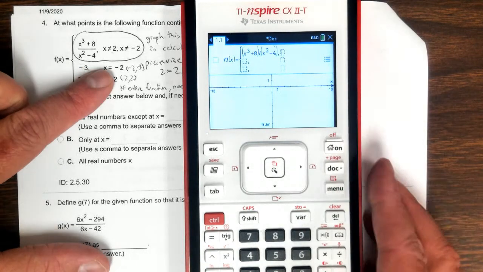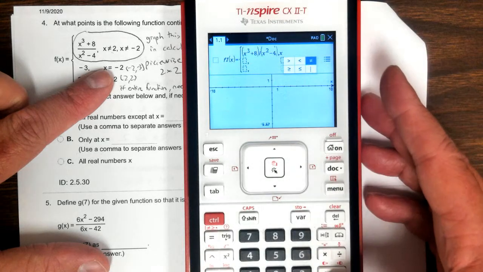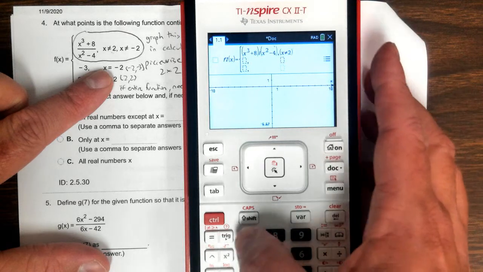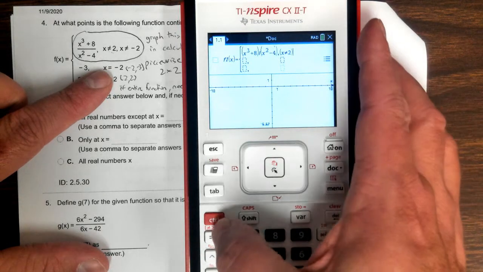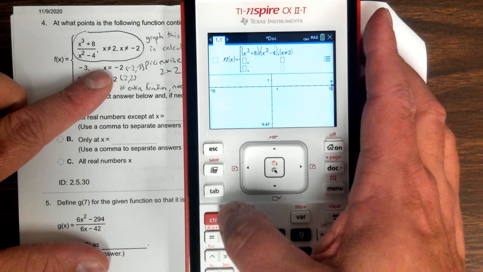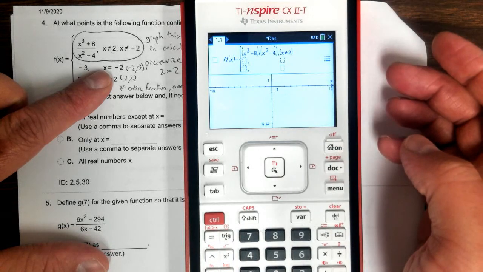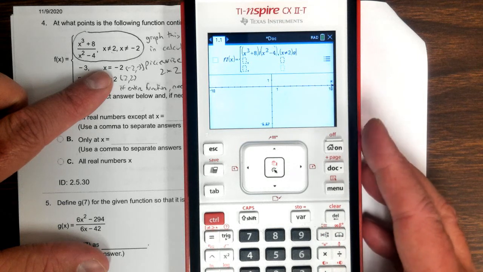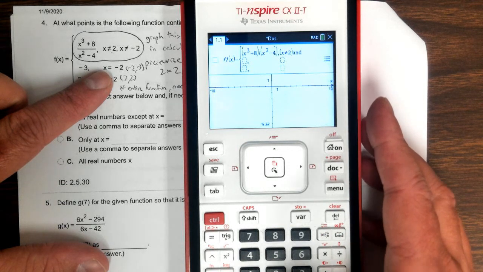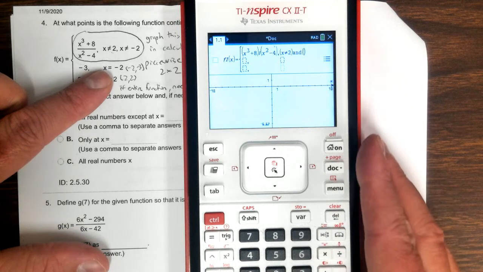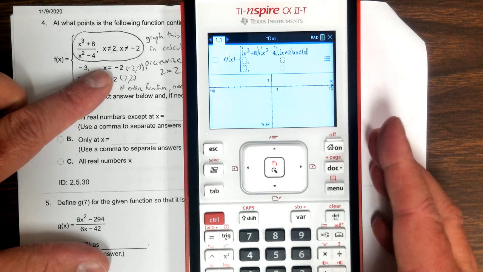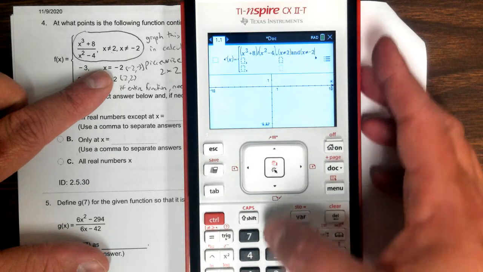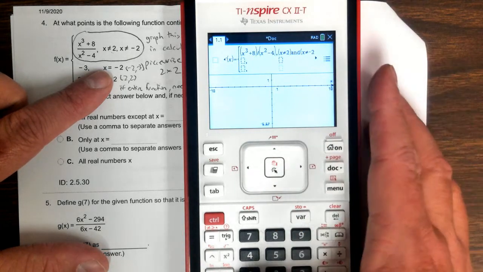And I'm going to say x not equal to 2 and x not equal to -2. Need to close some parentheses there.